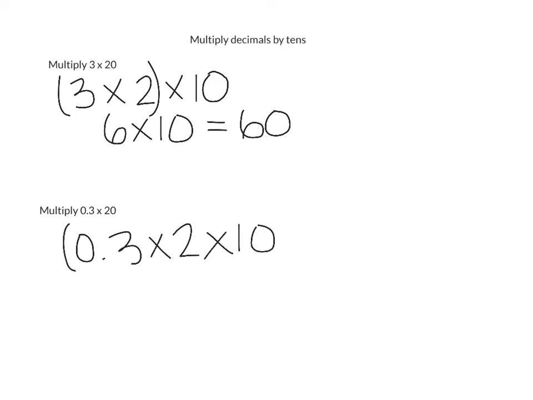We can group together the 3 tenths and the 2 and multiply those first, and then multiply that product by 10. 3 tenths times 2 is equal to 6 tenths. When we multiply 6 tenths times 10, it equals 6.